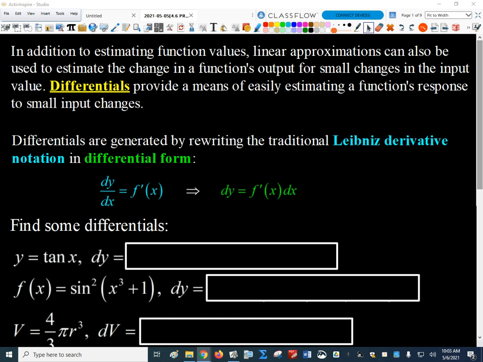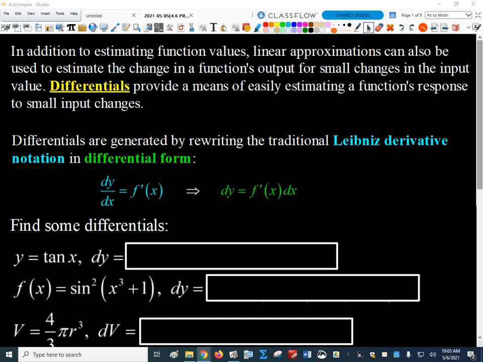Remember that in the last video, we were using linear approximations to estimate some function values, right? And I ended up with some square roots and things like that. How's that coming? Do we need to go through another example of that? Have people started that one yet?